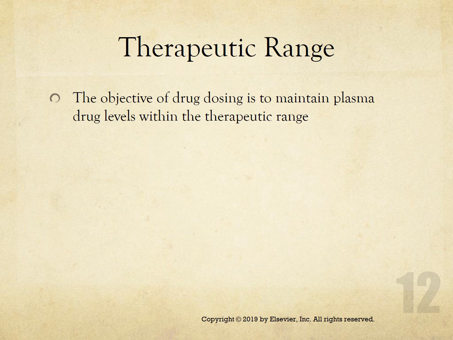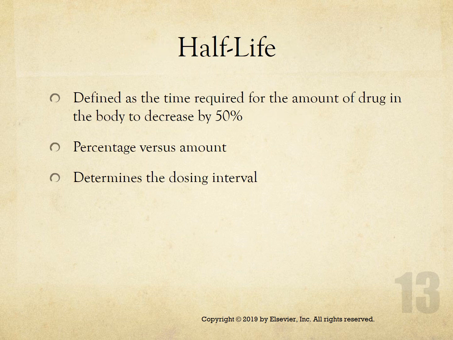So some drugs can be given once a day. Some drugs have to be given multiple times a day. Now they're even coming out, of course, with medications that can be given once a week, and injectables that can be given once a month or up to every 3 months.